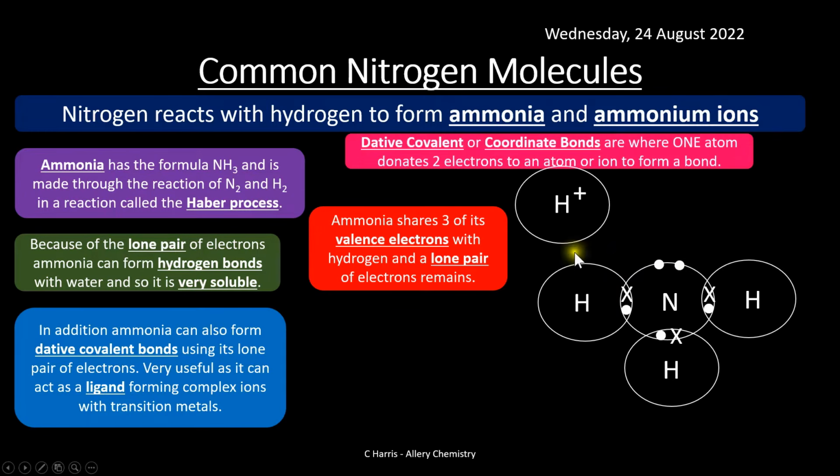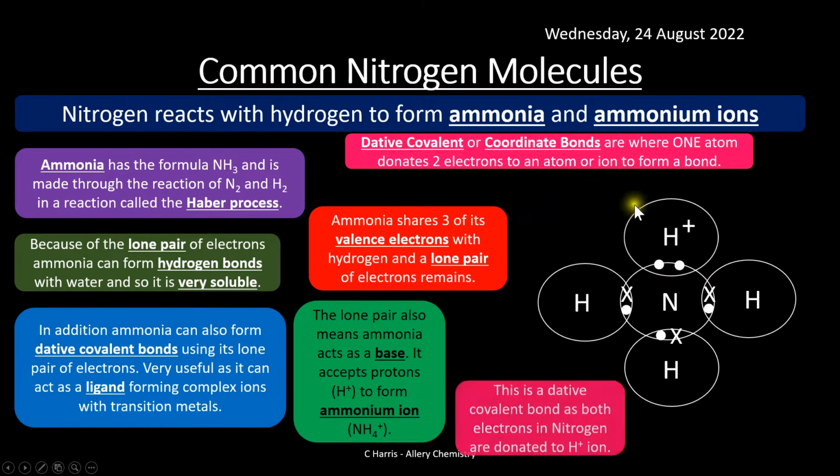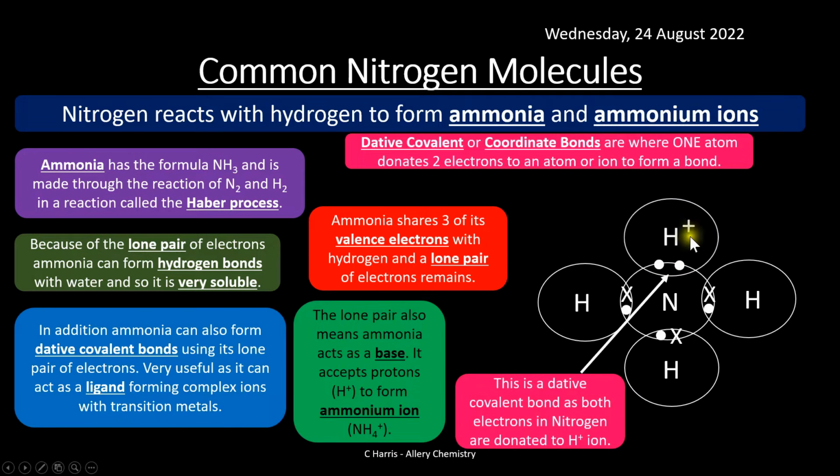So let's have a look at this here. Your dative or coordinate bond, remember, is where one atom, in this case the nitrogen, donates a pair of electrons to another atom or ion to form a bond. So the hydrogen or the proton shares the 2 electrons that were the lone pair on the nitrogen, and this is your coordinate bond.